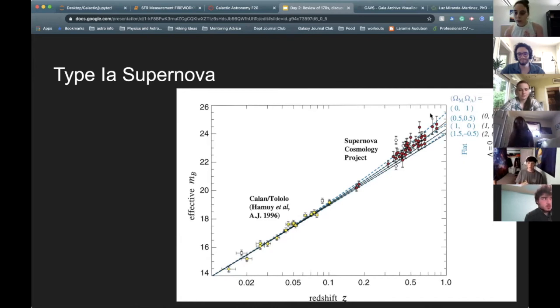It's also one of the ways we can figure out what the universe is made of. So we've got a few different models here for different amounts of matter and dark energy: all dark energy, 50-50, all matter, and then something weird going on with dark energy over there. Different forms of dark energy, but what we can see is that we're between the all dark energy and the 50-50, which is probably something you remember from the 170s.